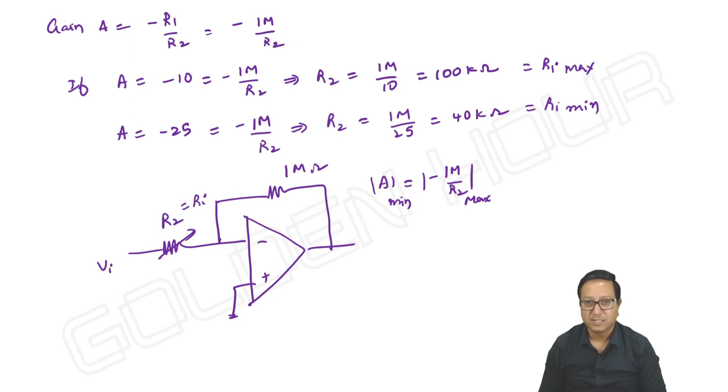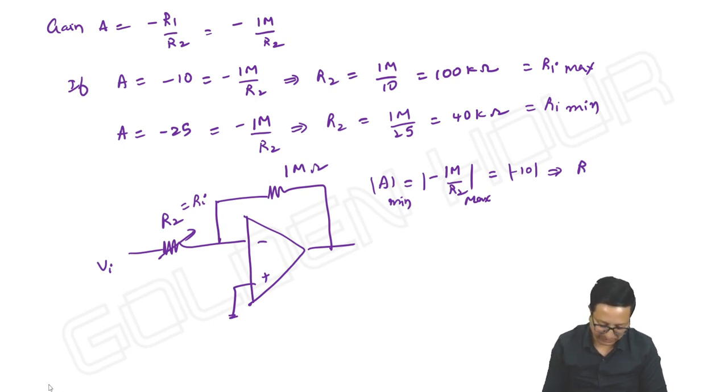Okay. So which is equal to, okay, which is equal to how much it is? It's minus 10 they give. So that Ri maximum is, okay, Ri maximum I said 100k.